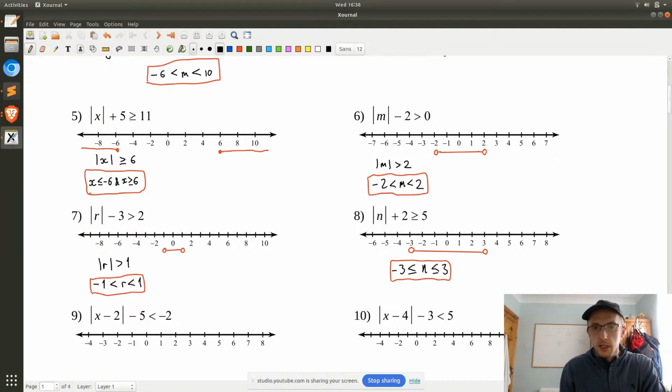The absolute value of m is greater than 2. Okay, so it'd basically be the opposite of that. That's better.